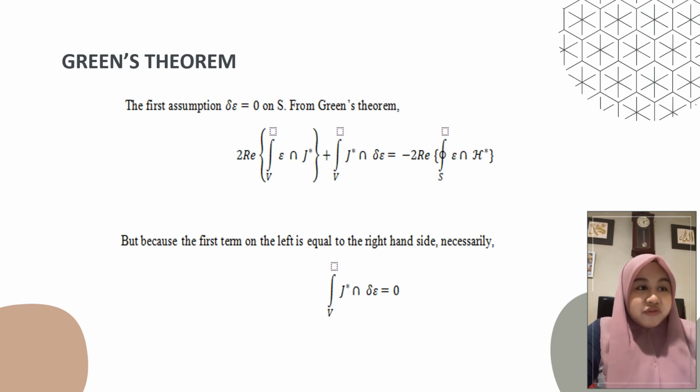This is because the first term on the left is equal to the right-hand side. The result provides more insight than the usual proof of the uniqueness theorem. The difference fields must be homogeneous solutions, so later on they will be equal to 0. Hence, both solutions satisfy Maxwell's equations.